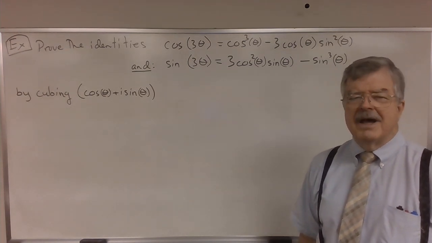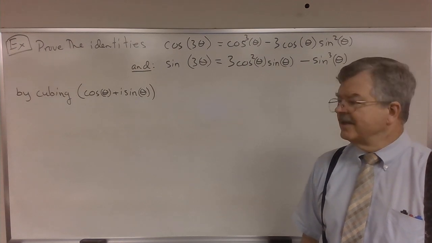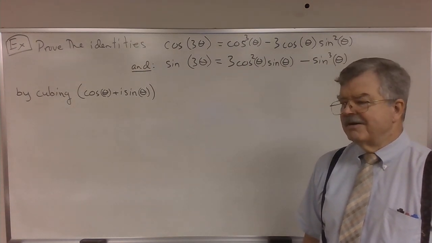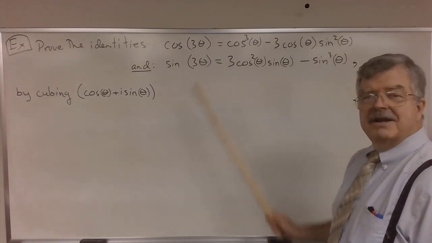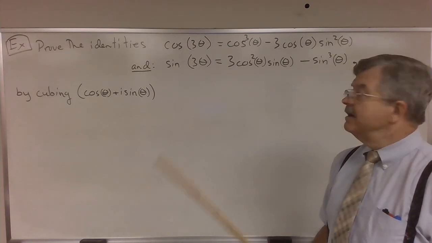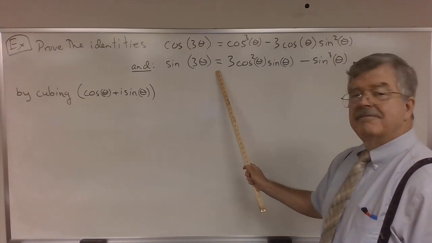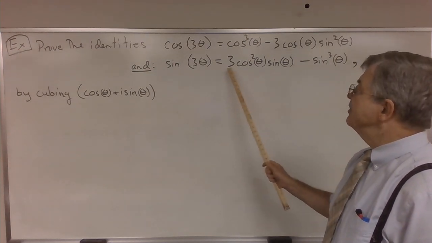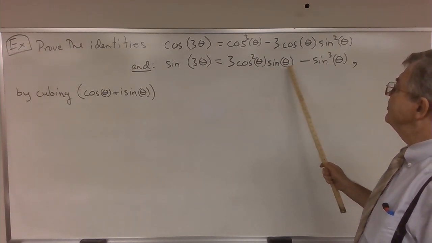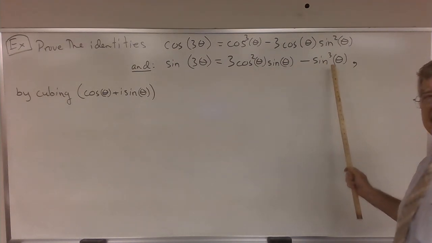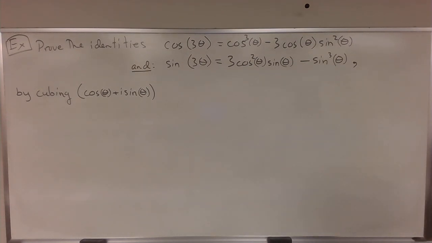Even if we know a lot of trig identities, and we've proved a lot of identities in trigonometry, this identity is not obvious. Neither is this identity obvious. Sine of 3 theta equals 3 cosine squared theta sine theta minus sine cubed theta.